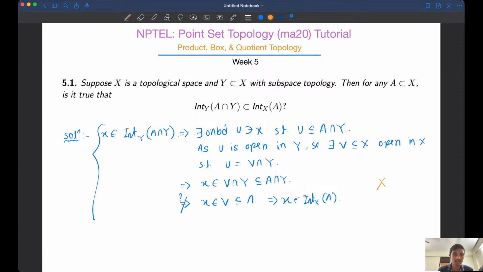So I have to think of some example where this V set is somehow bigger than this A set. That is the intuition. There are many examples; I particularly thought of this one.